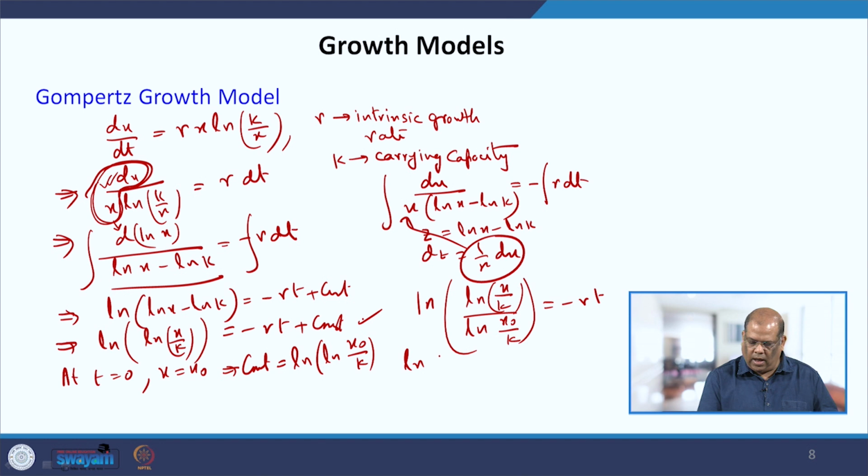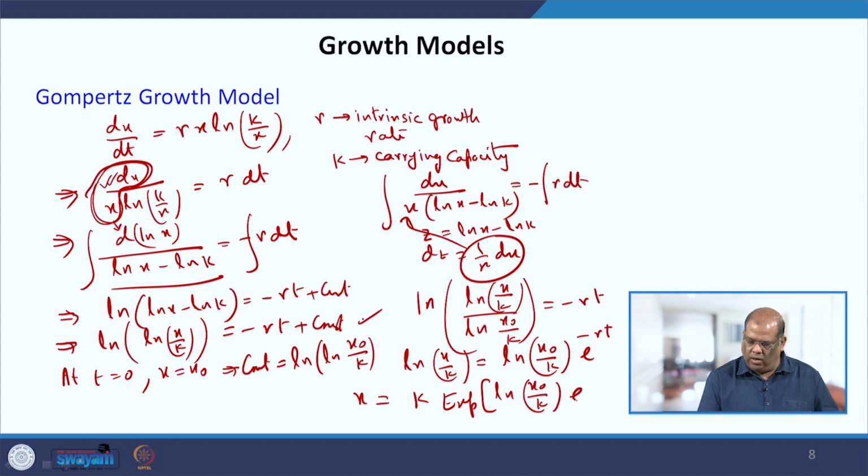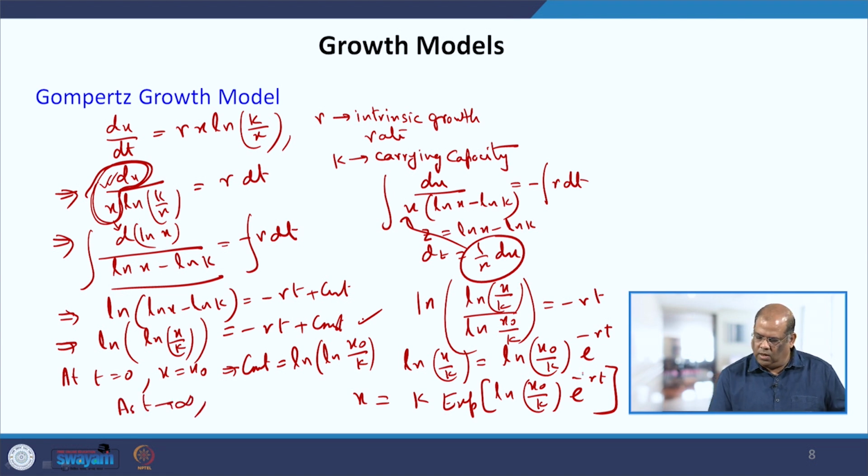So, ln x by k is equal to ln x0 by k into e to the power minus RT, and then x equal to k times again the exponential exp of ln x0 by k e to the power minus RT. Again, in this case, you can see that as t becomes large, then this part goes to 0. So, it is exponential 0, which is 1, and you are left with x tends to k.